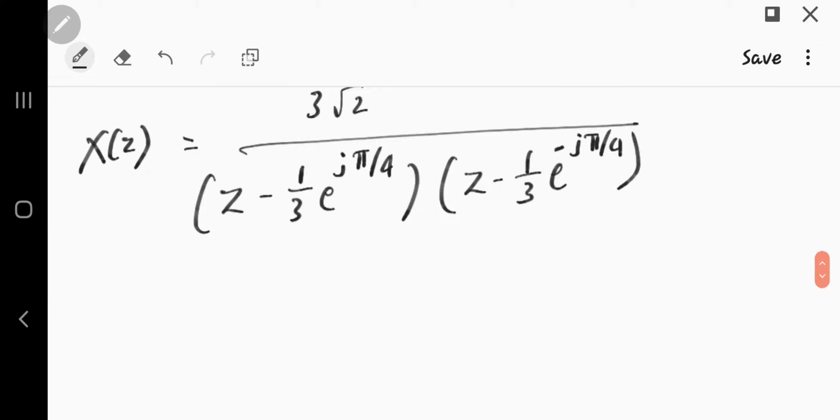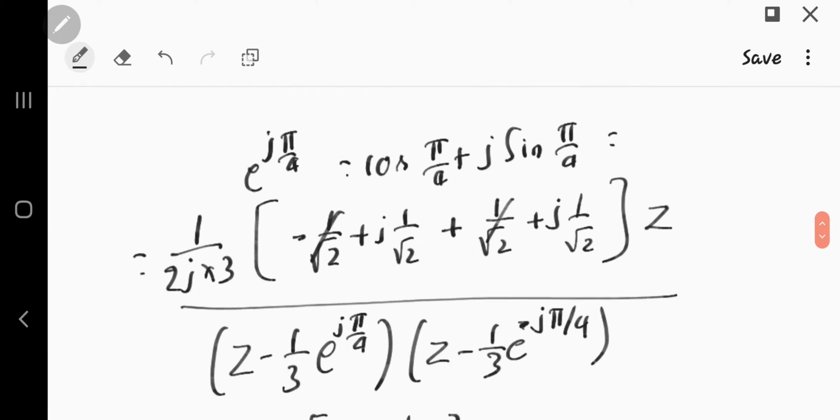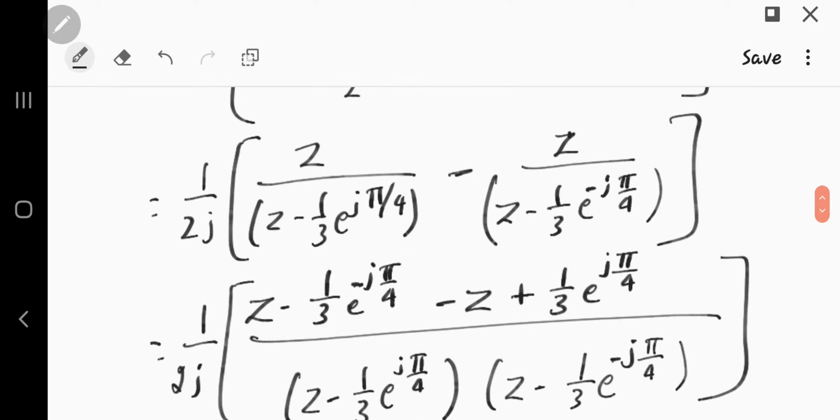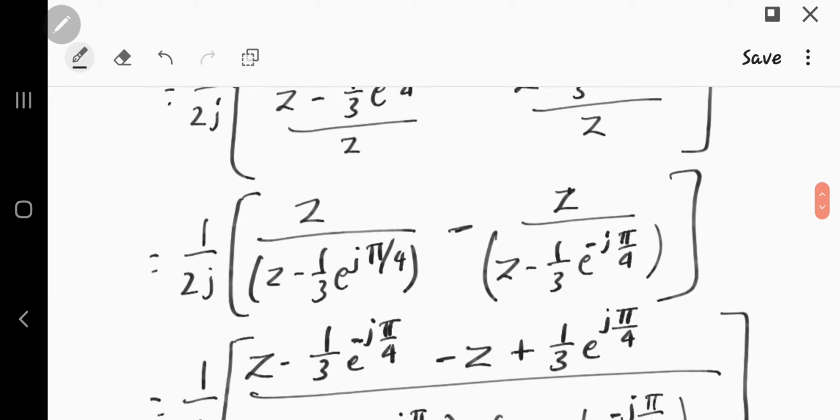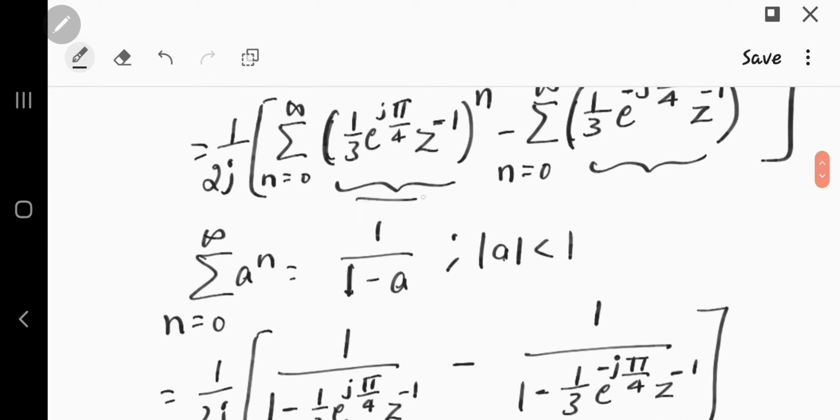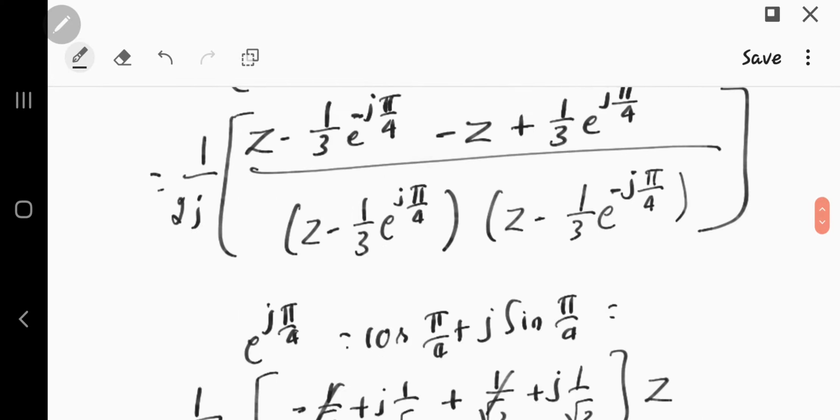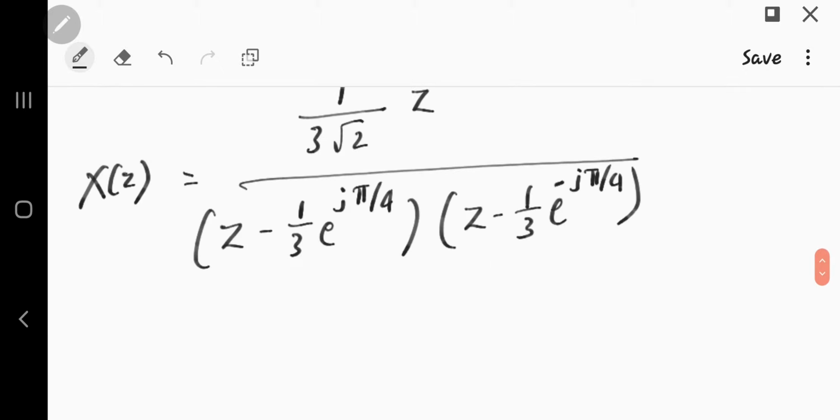Now if you observe these two terms here, this term and this term, both sums should converge to get the ROC.